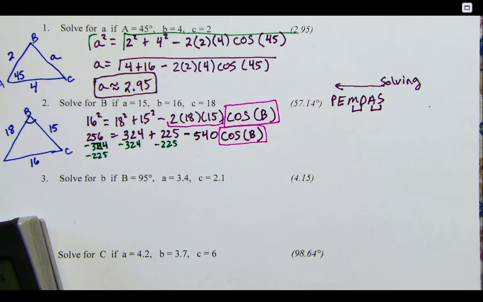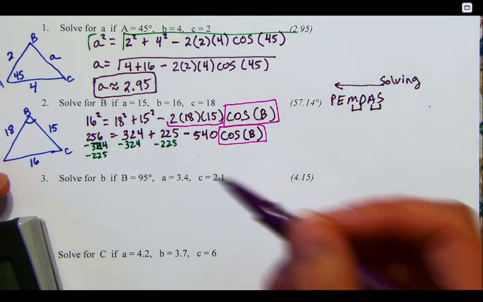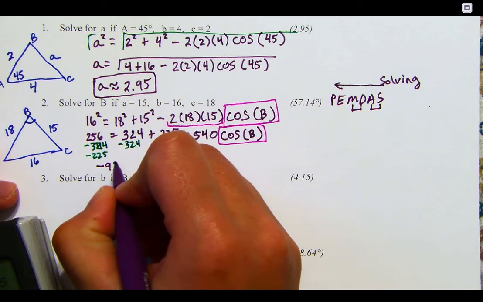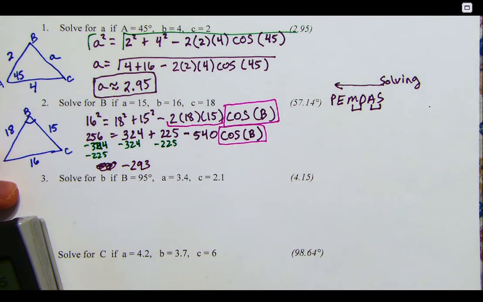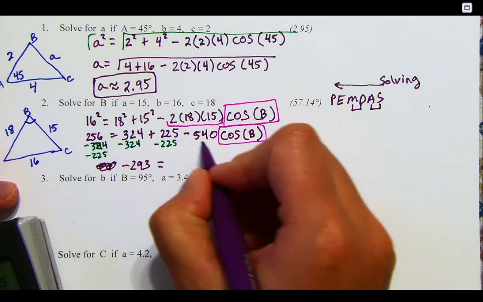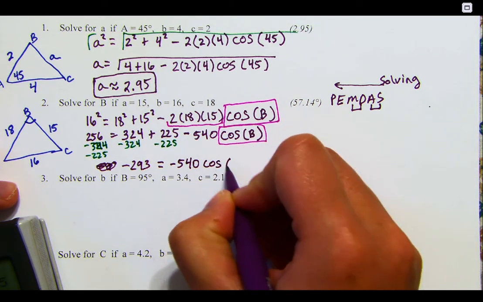I'm just going to do that in one step. So 256 minus 324 minus 225 is negative 293. And then that is going to be equal to this negative 540 cosine of angle B.